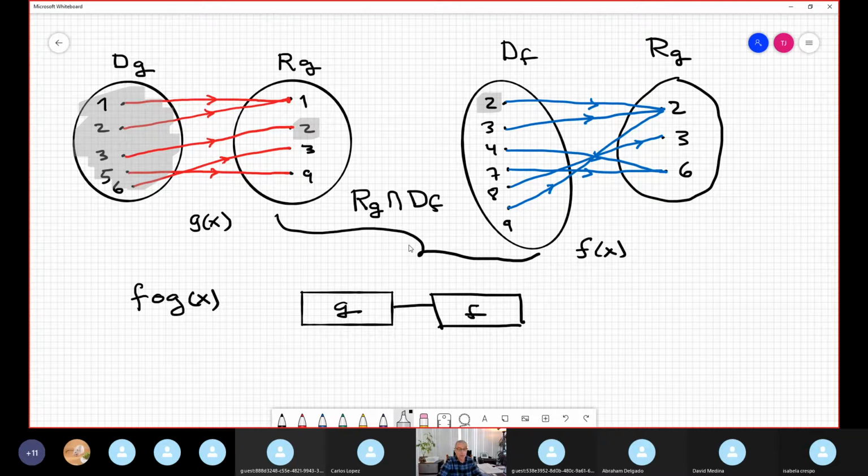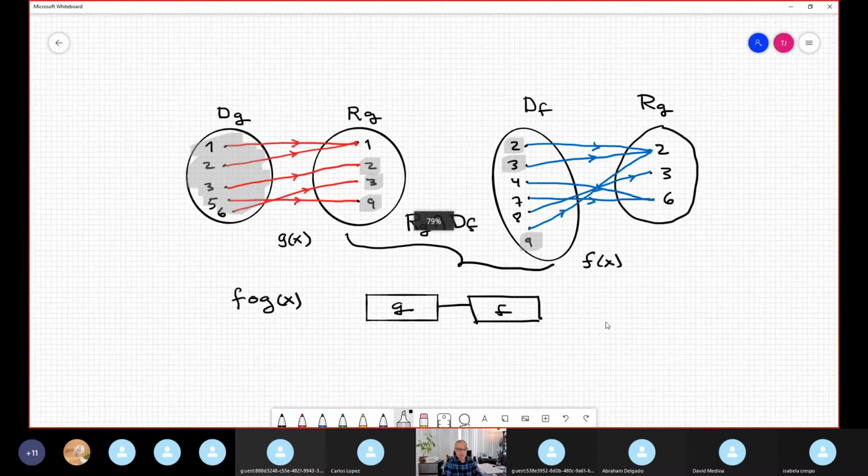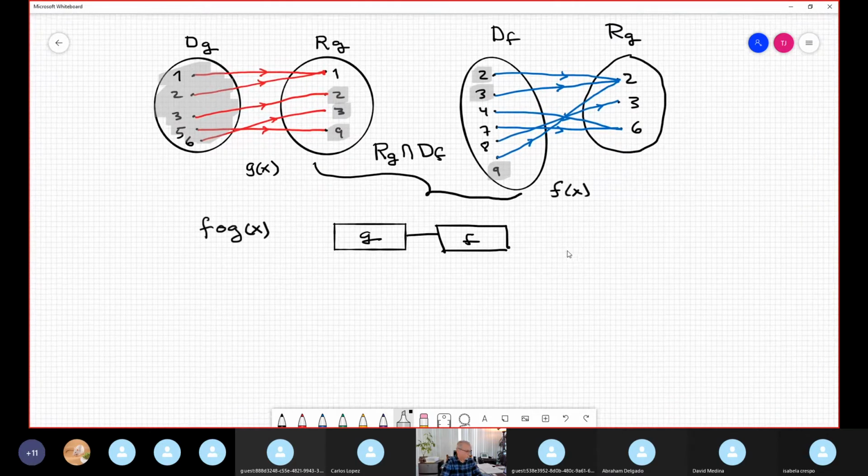One more is common, 3 is common, yes. And one more is common, 9 is common. And the rest, no. The rest do not participate in this composition. So the set formed by the intersection of the range of g and the domain of f has only 3 elements: 2, 3, and 9.